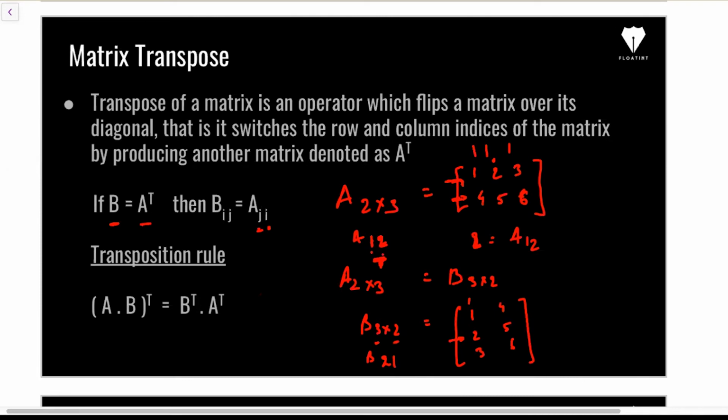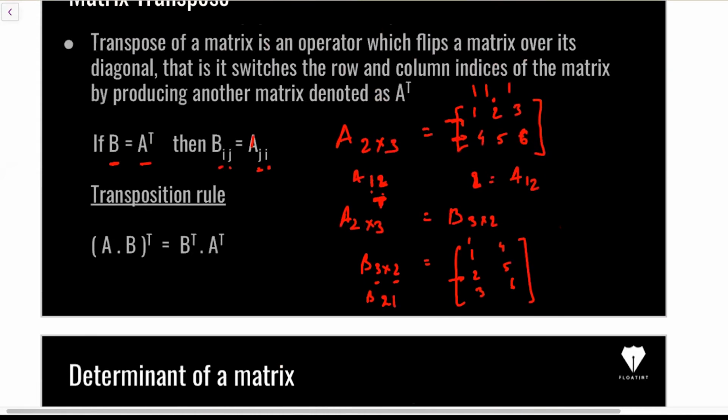This is very simple. So this element ij will basically be interchanged.